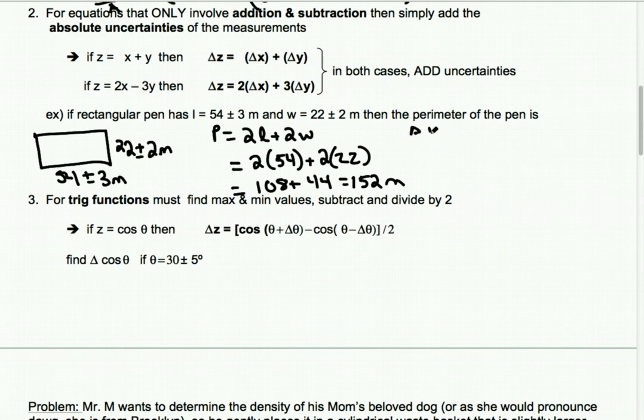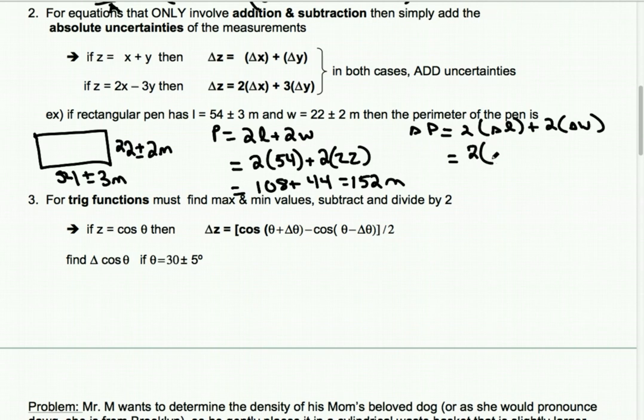Now the uncertainty in your perimeter is 2 times the uncertainty in your length plus 2 times the uncertainty in your width. Okay, and these are, once again, your absolute uncertainties.